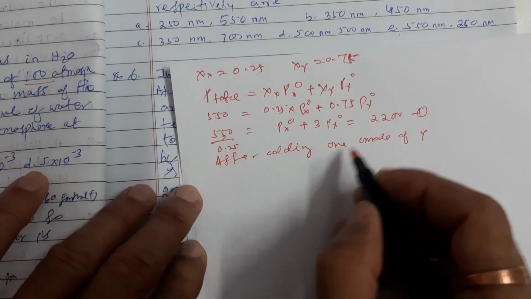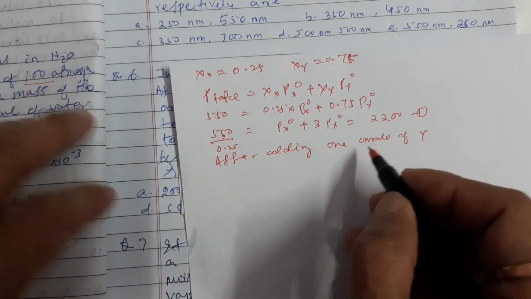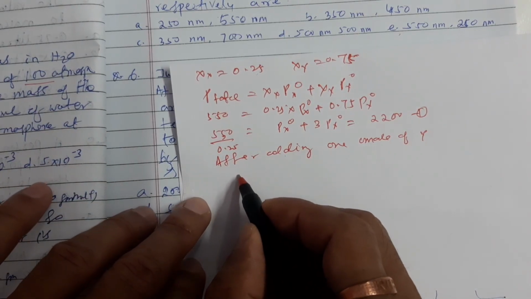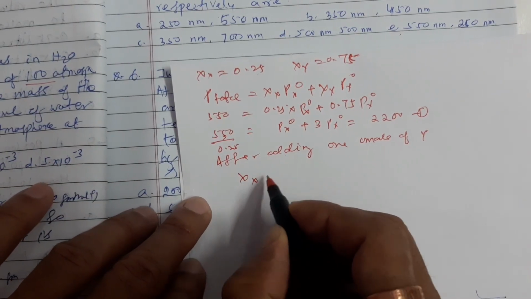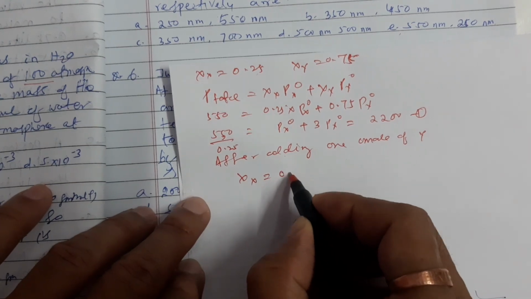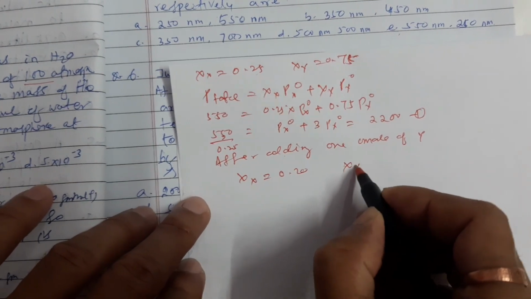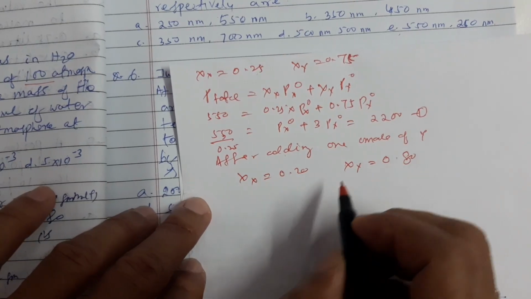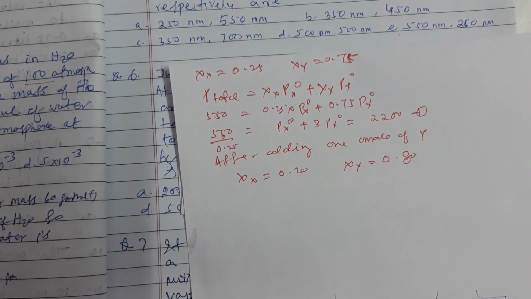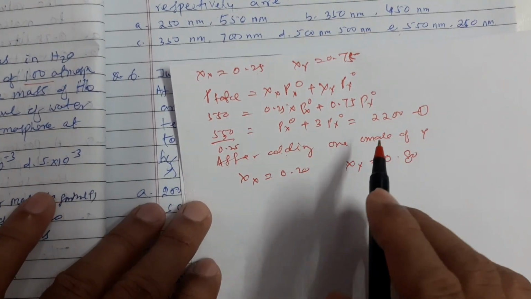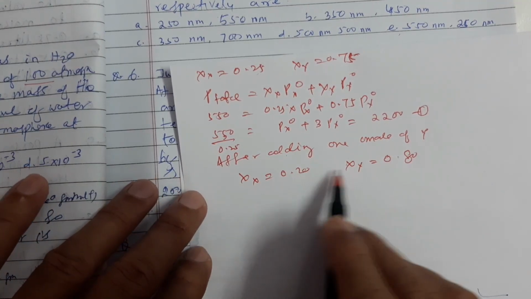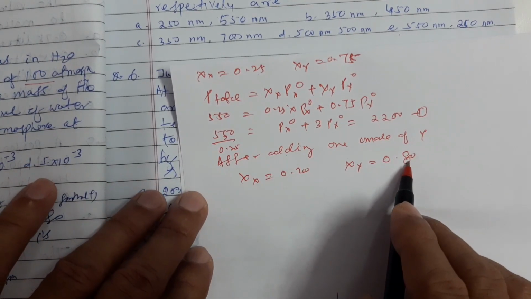So the ratio XX is equal to 0.20 and XY is equal to 0.80. You understand now? After adding Y, the total becomes 5, so XX is 0.20 and XY is 0.80.